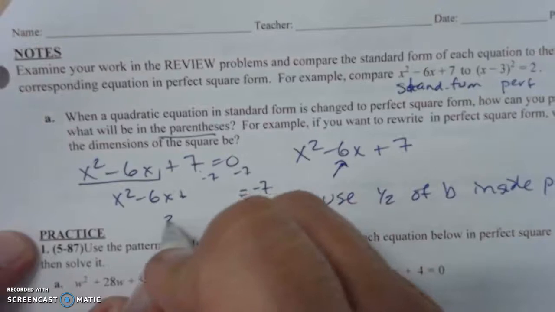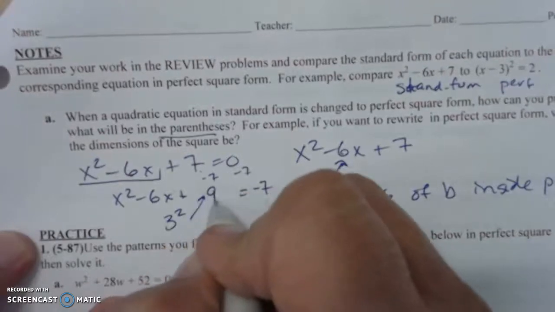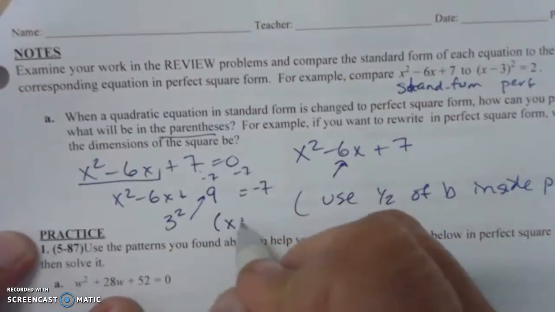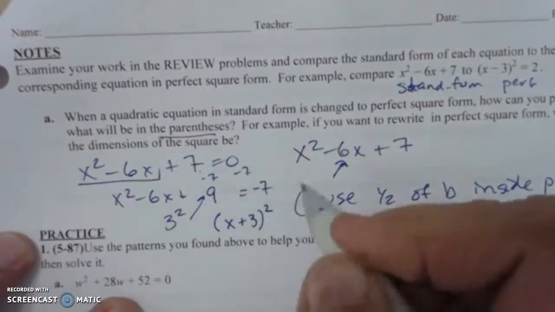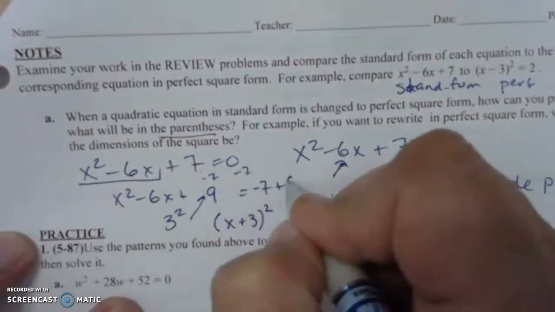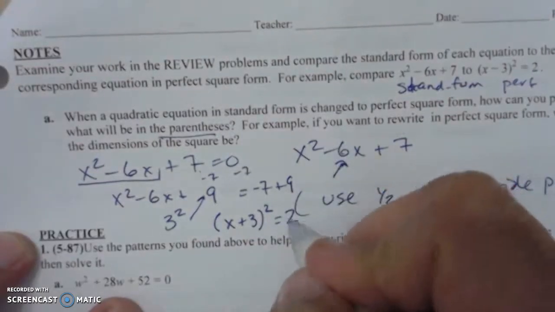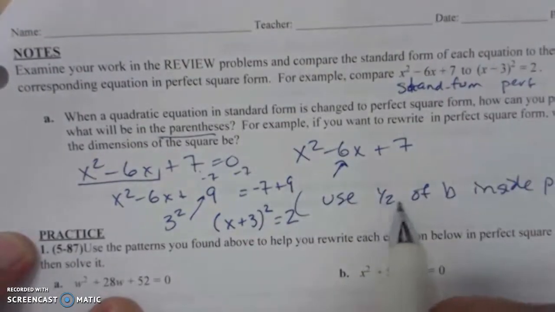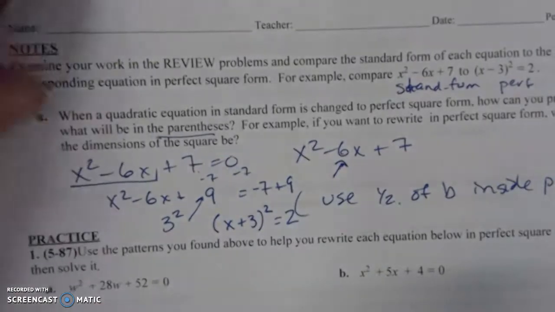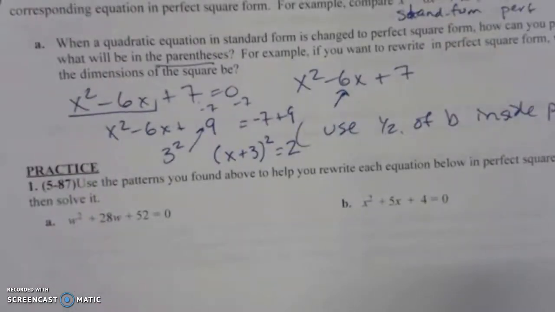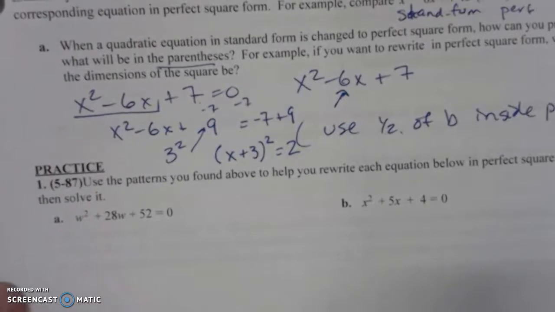Half of 6 is 3. 3 squared is 9. But then when you write the parentheses, remember it's x plus 3 squared. And if I add 9 on this side, I have to add 9 on that side. This is the same problem we already did, equals 2. But the half of b is what goes inside the parentheses. So let's look at that pattern to write the perfect square of this.